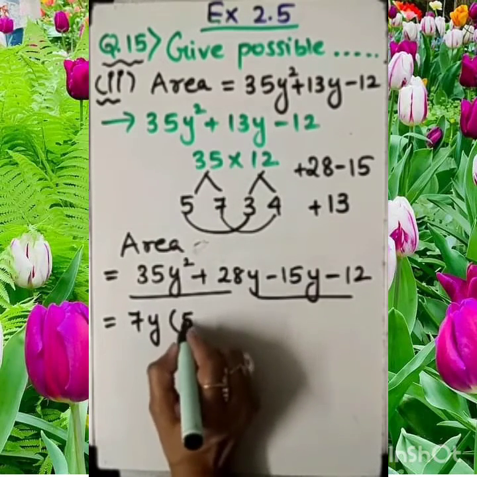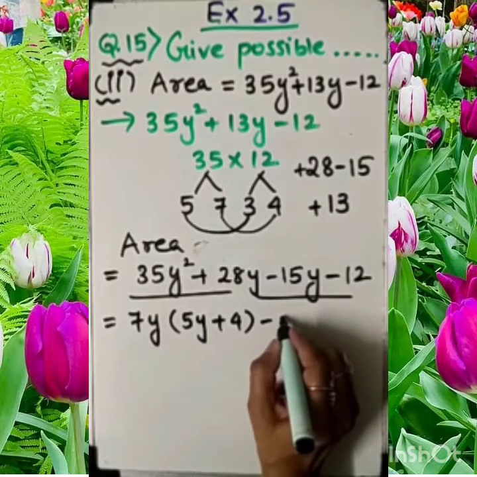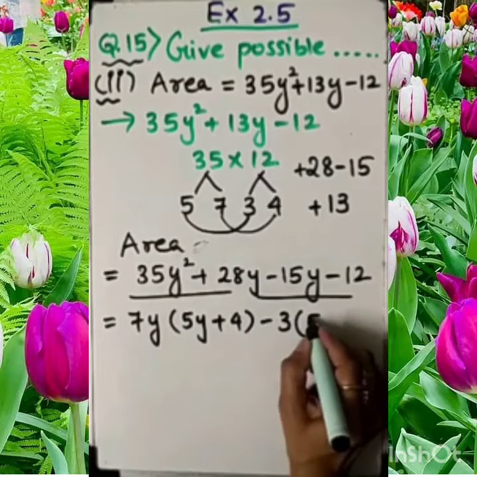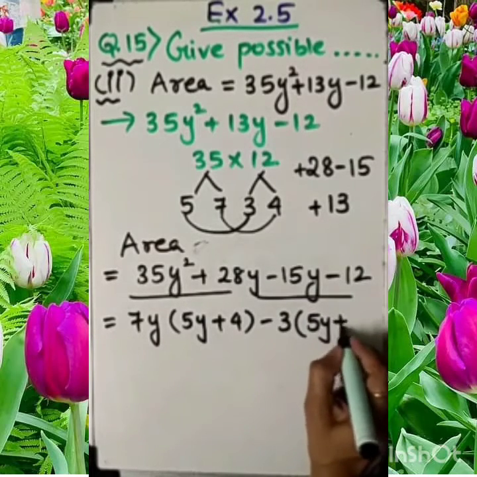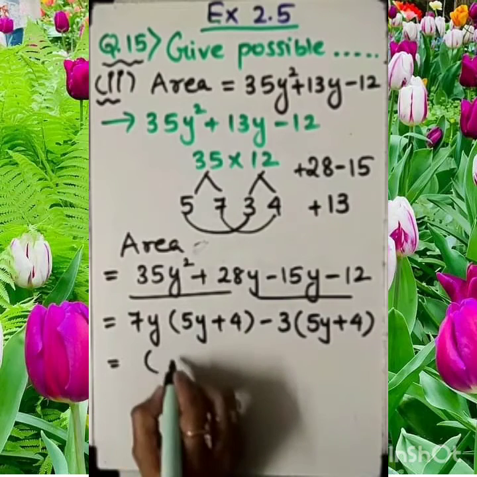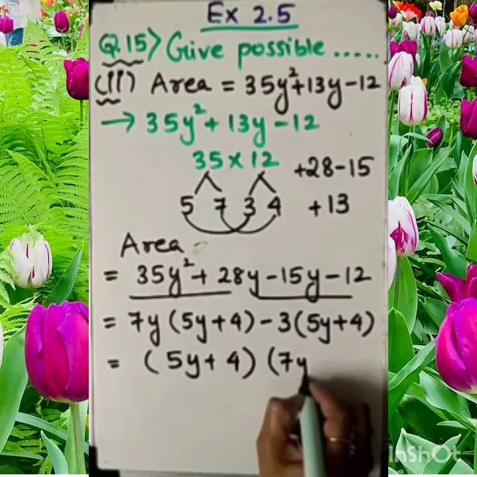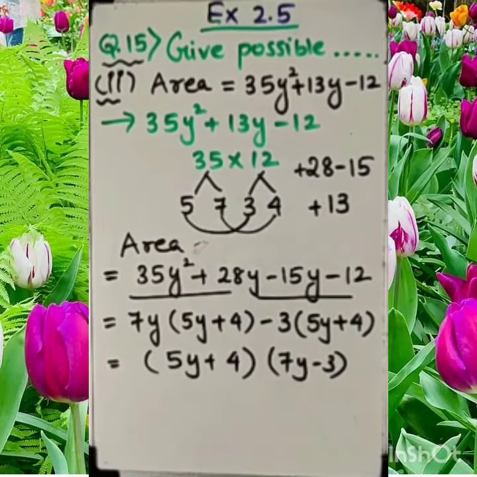So here it will be 5y plus 4, minus, here we can take out 3 common, so 5y, and the sign will be changed here. Both of these brackets are similar, so one time I am writing here 5y plus 4 and this is 7y minus 3. So these two are the factors which we are getting.